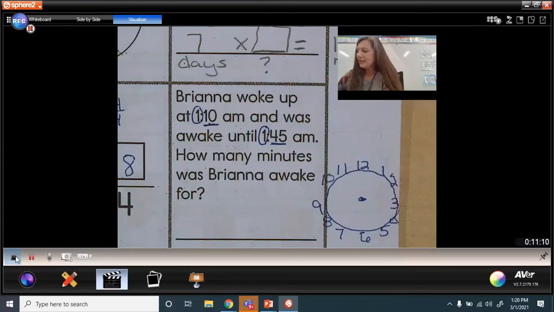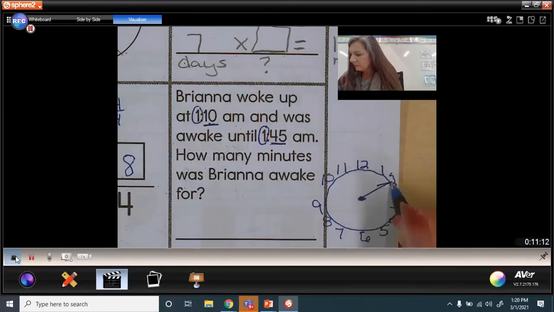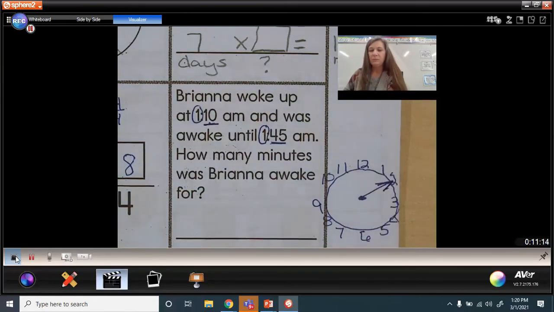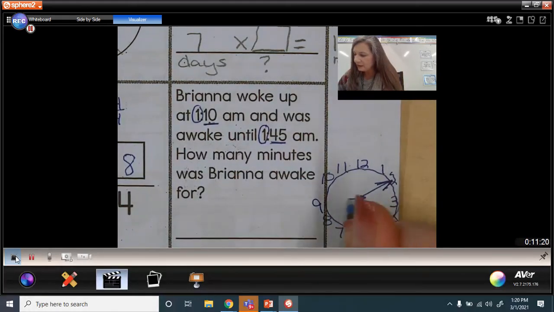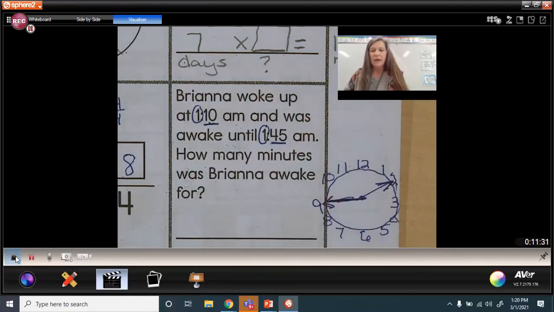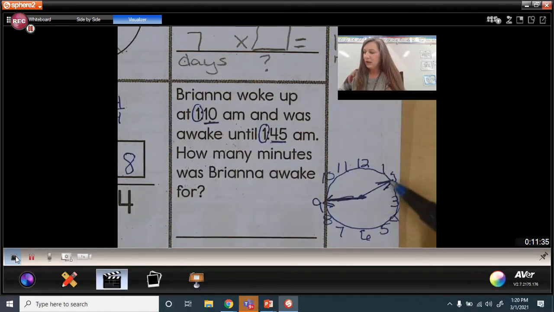Now, from 1:10, that's where my minute hand would be pointing. From 1:10 to 1:45, that means that the minute hand has gone from here all the way up to here. So I'm not worried about my hour hand because it's still the same hour. But we could count by fives from the 1:10 all the way to the 1:45.